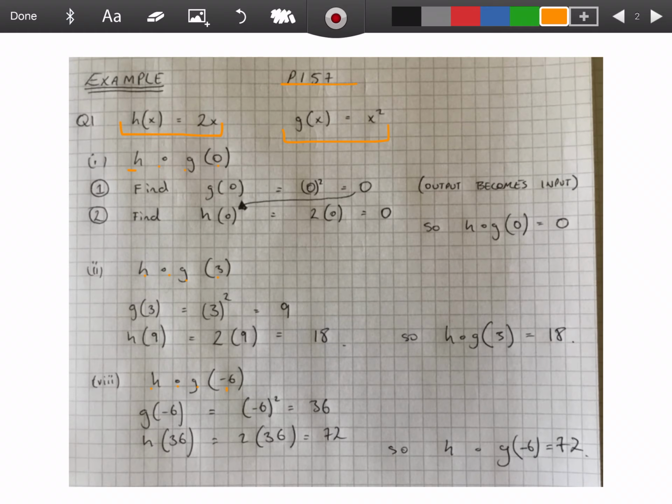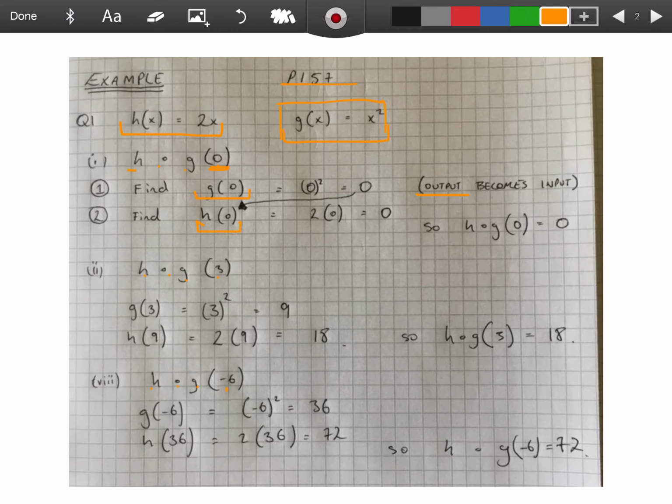Nice and straightforward. I find G first of all. I find the G of whatever value I'm looking for. So I substitute in whatever number I'm looking for, and in this case it's 0, into the G function first and foremost. Then I get a number for that. It is the output, but it becomes the input for the H part of the function.